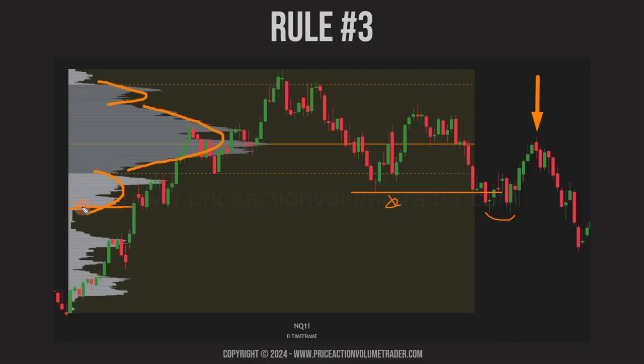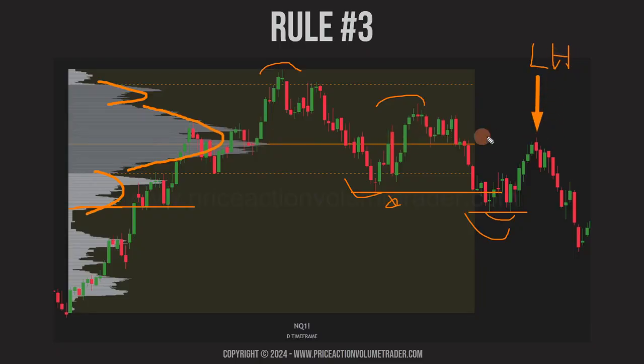We did form this big edge over here, which acted as support, but now we're making lower highs, lower lows. So when we're pulling back here, we're expecting a lower high to happen over here.